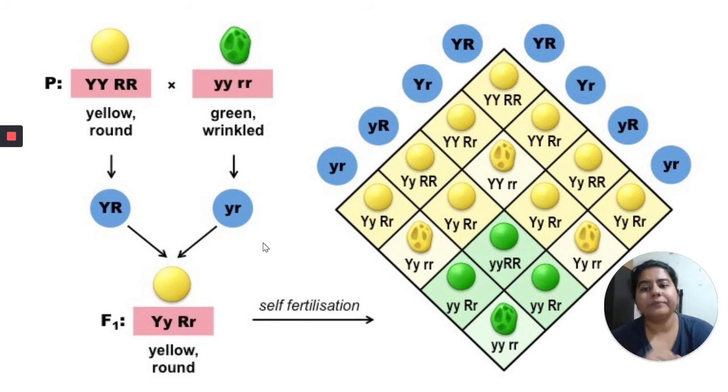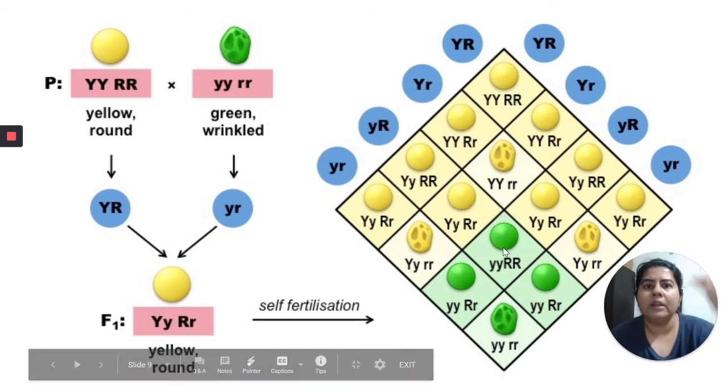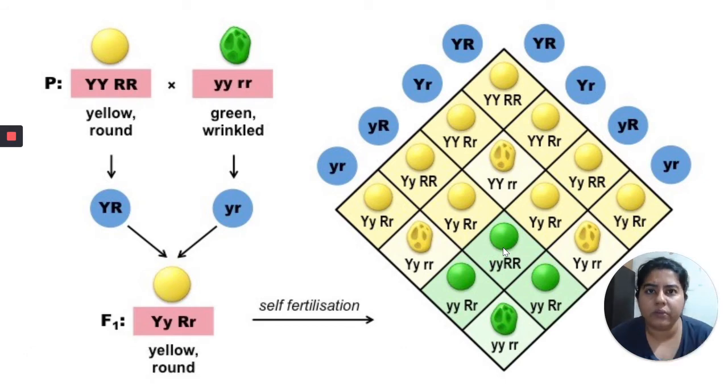Since you have taken the father and mother from F1, the gametes on both the axes will be the same type. But don't write the same gametes again and again. And then you fill your checkerboard or the Punnett square to get the phenotypes. Once you get the phenotype, you will also get the genotype in 9:3:3:1 ratio.